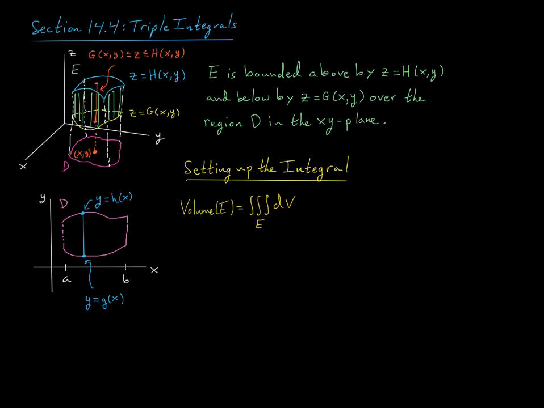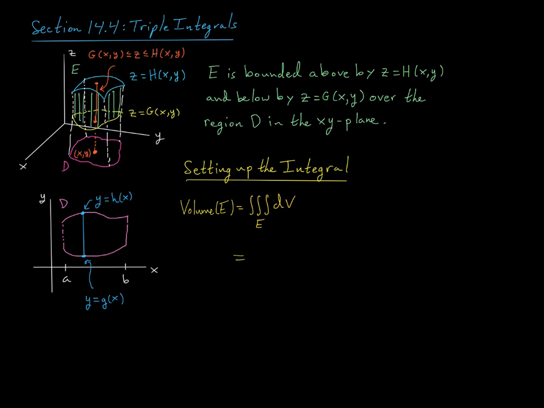Okay, so if I want to compute the volume of the region E here, well, as we just said, the volume would be the triple integral over the region E of dV. And first, I'm going to go ahead and think about letting z vary. Okay, so imagine fixing a point x, y in your region D, and then let z vary from bottom surface to top surface.